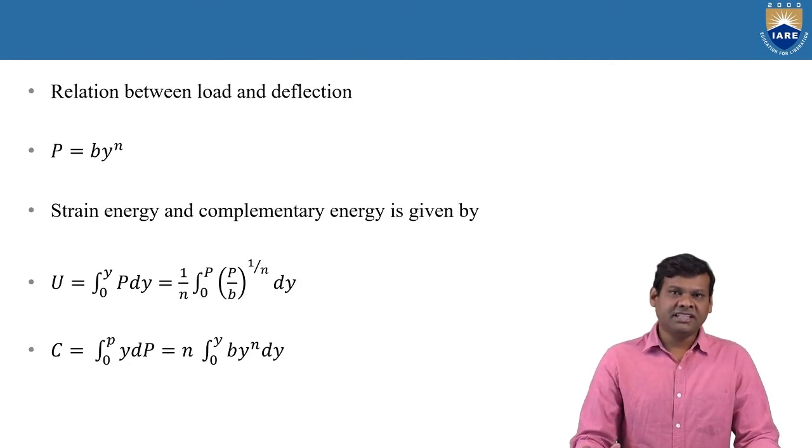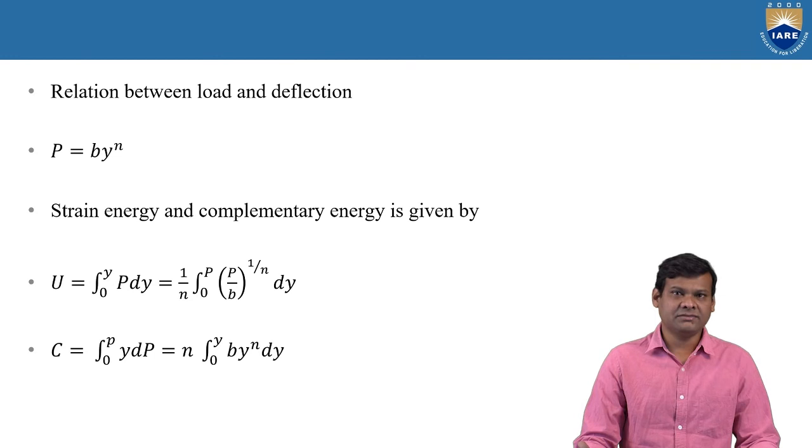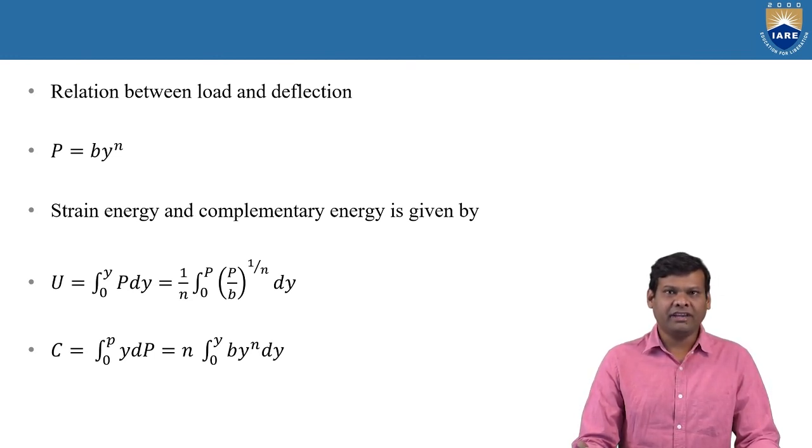Now, since we are discussing a nonlinear system, the load versus deflection curve for a nonlinear system can be written as P equal to B Y to the power of n. Here B and n are constants, and the strain energy and complementary energy for this function are given as follows.